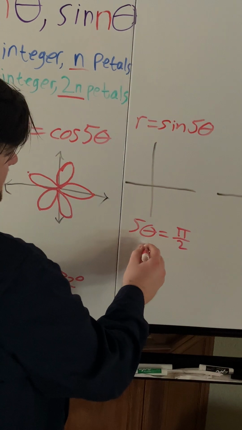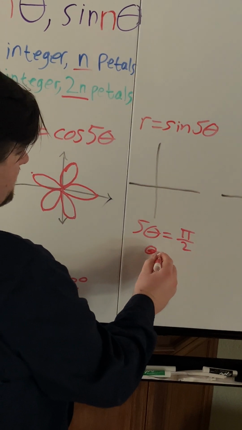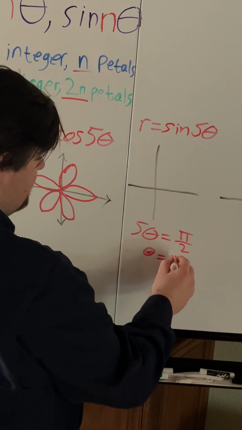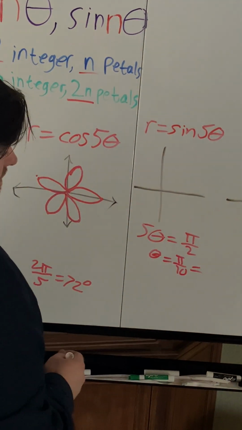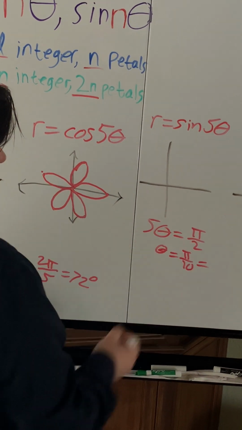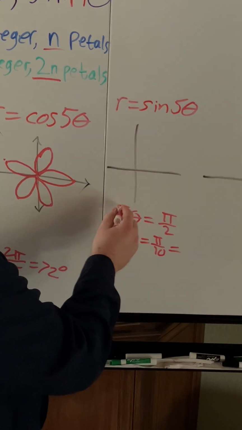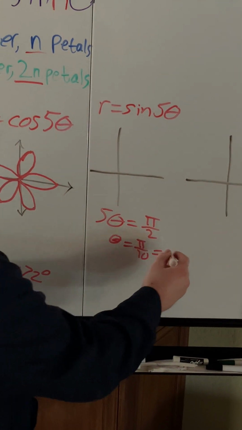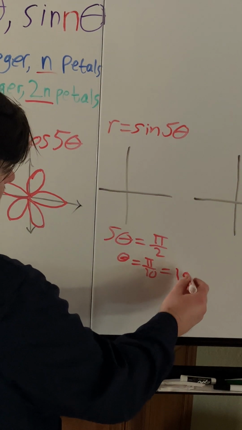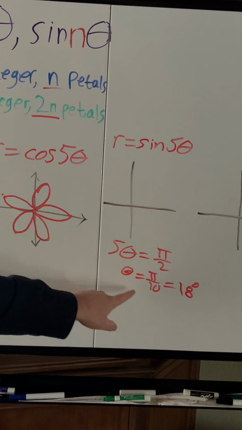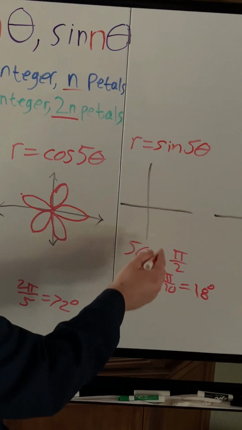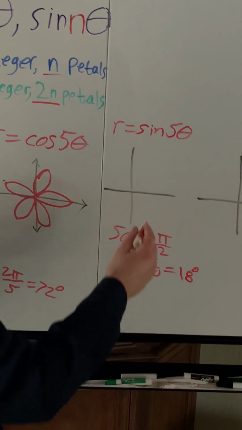So in this case, that's going to be when theta is pi over 10, which is instead of 90, divide that by 5 and we get 18 degrees, right? So our first one's at pi over 10 or 18 degrees, and then they're all gonna be 72 degrees apart.